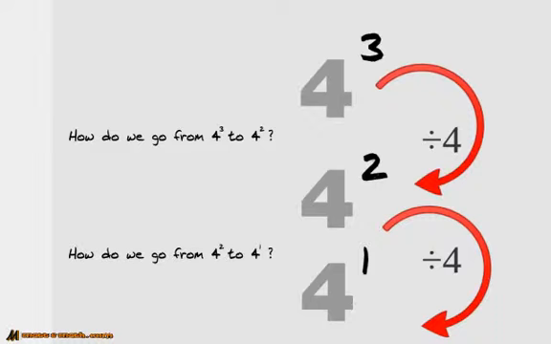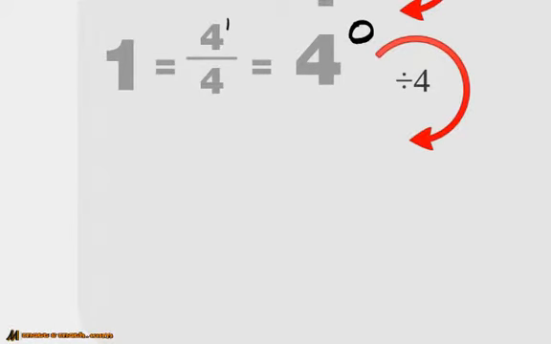If you continue the pattern of dividing by 4, 4 divided by 4 is 1 over 4 times 4. So 4 to the 0 power is not 0, it's just plainly 1. Anything to the 0 power is 1. Pretty simple, huh?